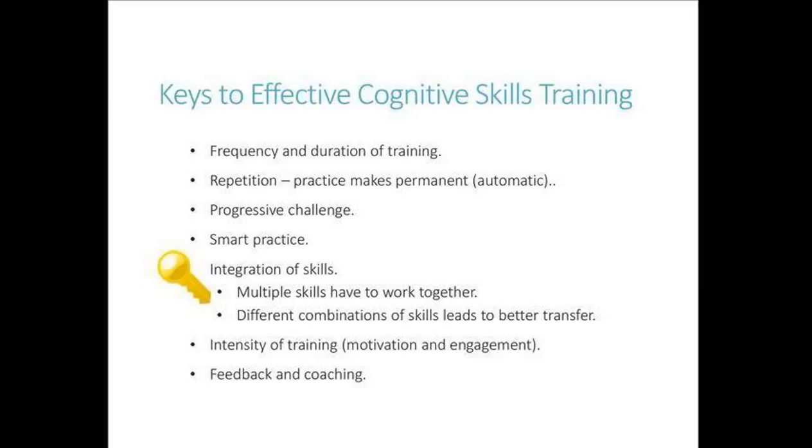But what our experience has shown us is that if we don't spend more time on those weaker skills, but also work on integrating them with all of our other cognitive processes, we're just not going to get them working the way that we want them to and the way that our brains work. Because we said before, remember, our brains aren't just doing one thing at a time. We have to get those skills all working together. And that's really important.